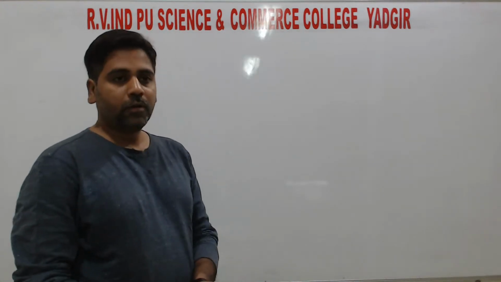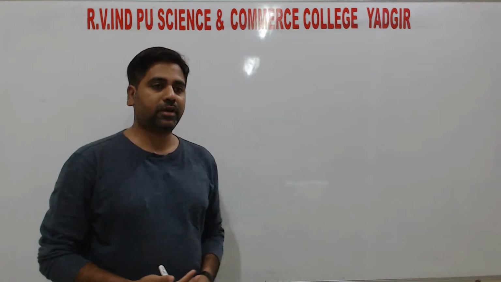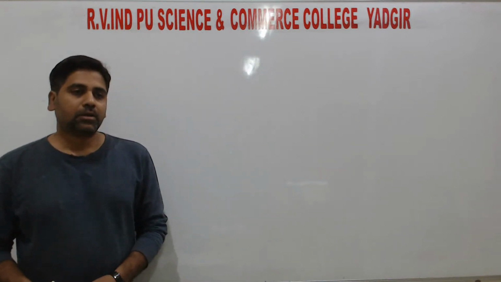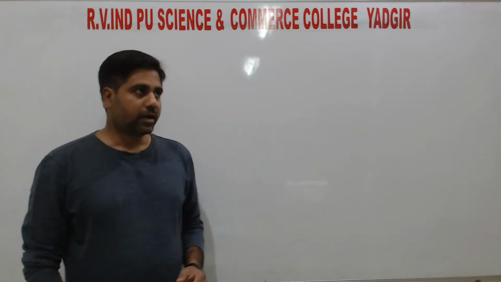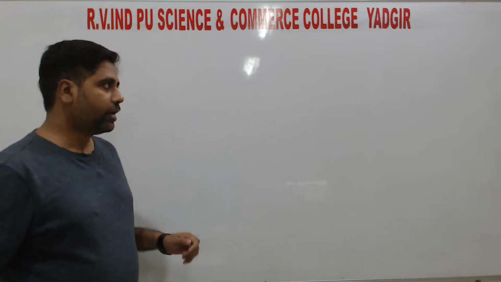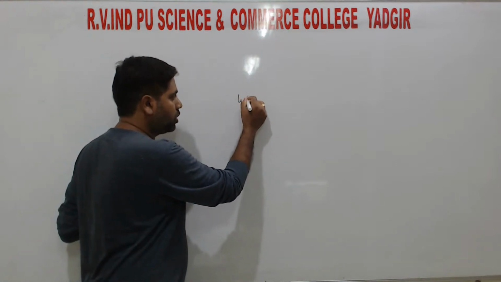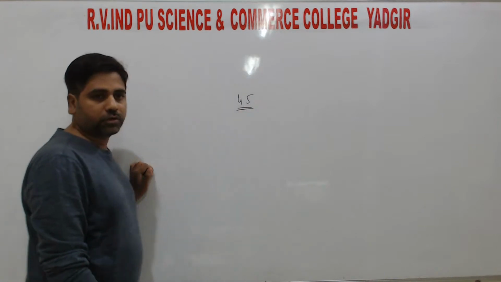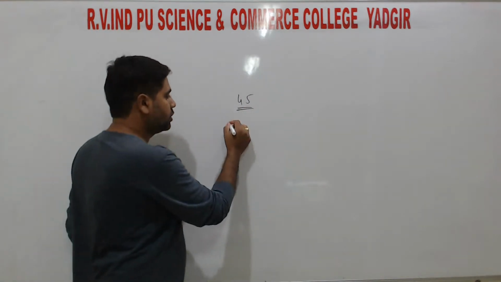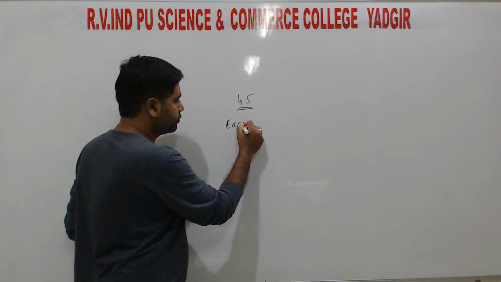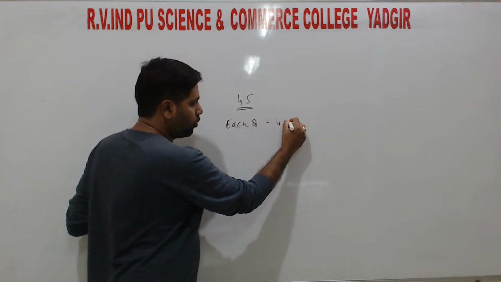Good morning, students. From today we will discuss NEET on the topic motion in a straight line. In the NEET exam we have a total of 45 questions, and each question carries 4 marks.